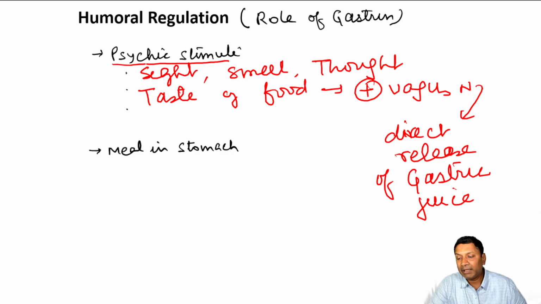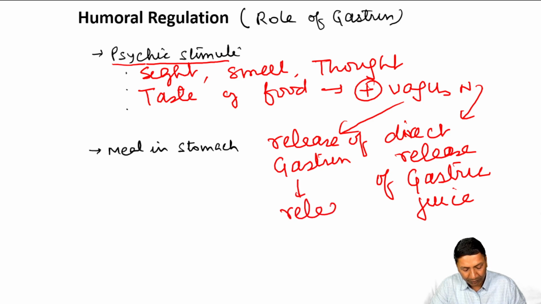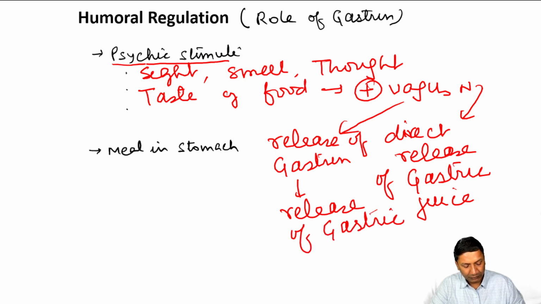And this vagus nerve will also cause the release of the hormone gastrin, and this gastrin will lead to the release of gastric juice, right?